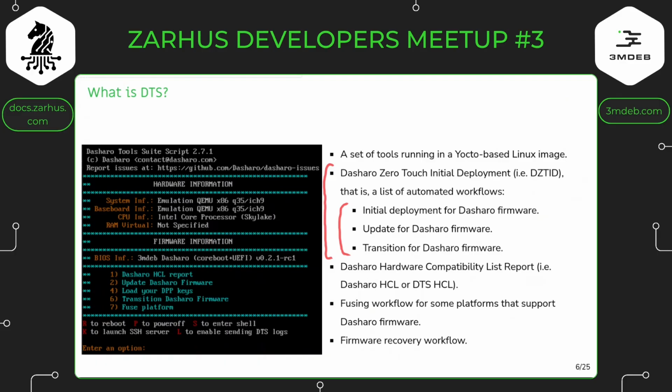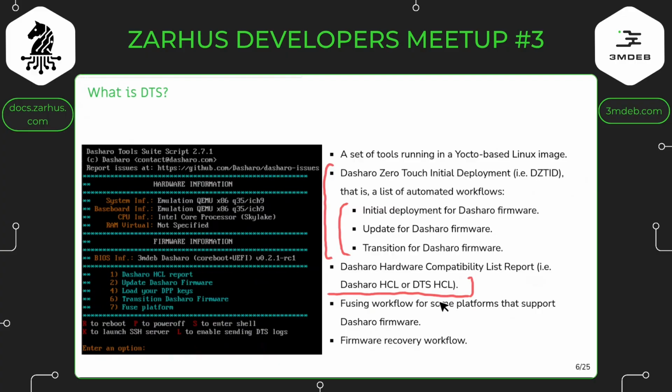Then we have an important feature called Dasharo hardware compatibility list report, shortly DTS HCL, as we developers call it. This supports not only developers when they develop the Dasharo firmware, but also helps us get feedback from clients.